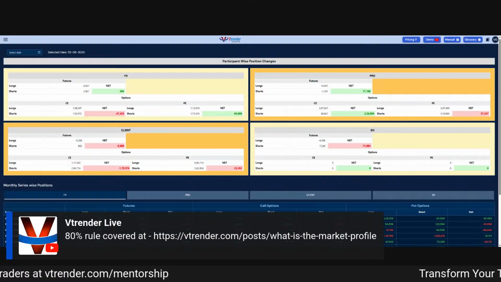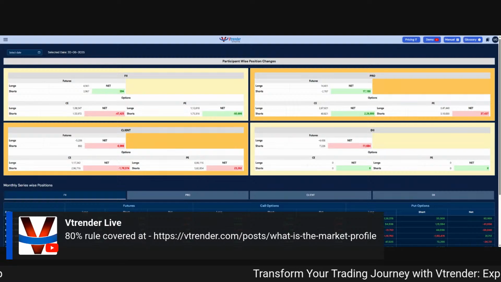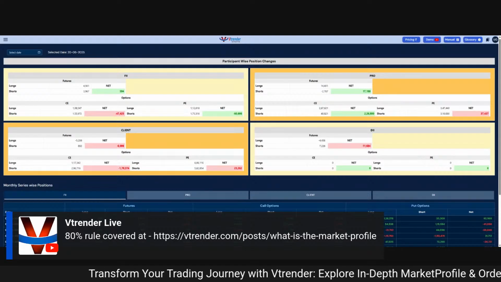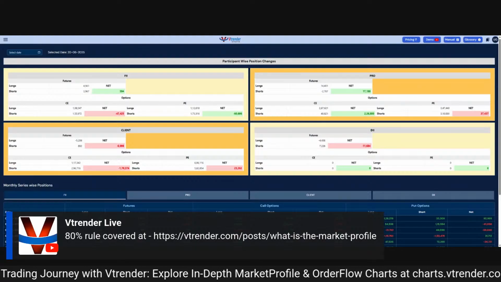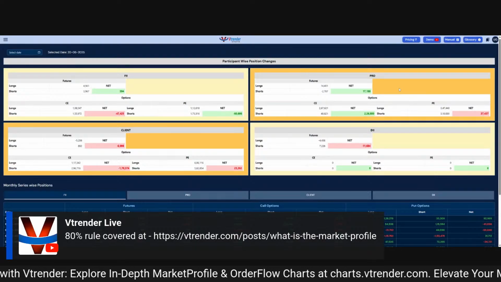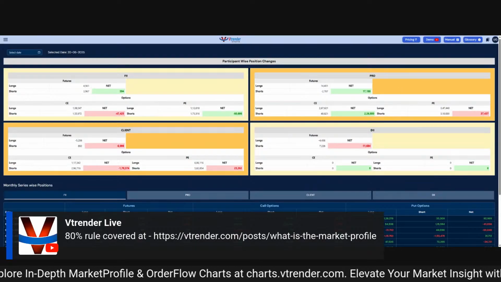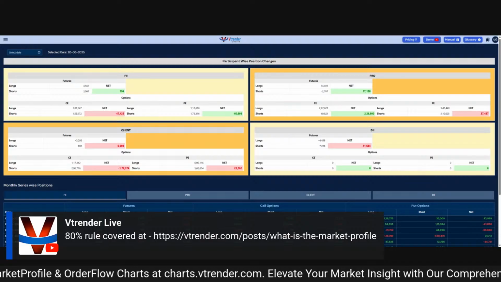So it is very important to see what the pros are doing. Different prop desks will have different strategies, and accordingly they will build in positions for that time frame. So if you're seeing a net long in futures, they may be hedged with a net short in calls, or vice versa.